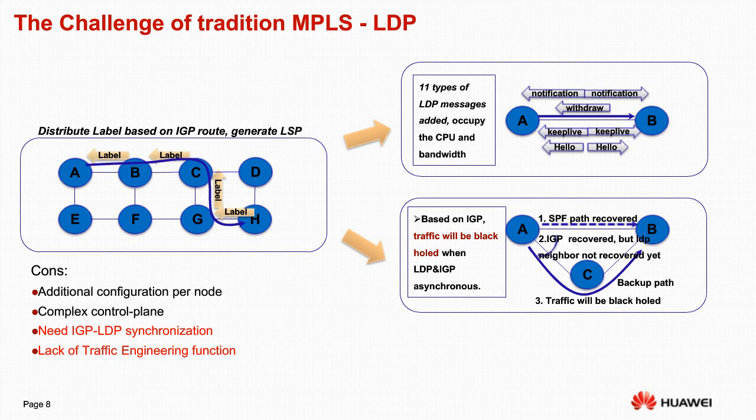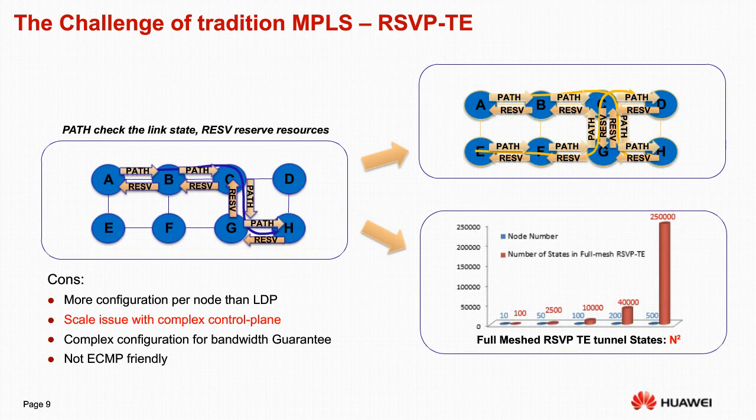About RSVP, the problem is that we need signaling to build the tunnel between the source and destination, so there is a scalability issue. When we want to distribute many RSVP tunnels, the device pressure from signaling will be high.